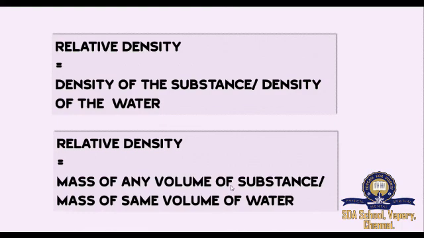We have two kind of formulas for the relative density. If you have given the density in your hand, you can find the relative density. If you have given the mass of any volume of substance and mass of same volume of water, you can find the relative density. So what do you think if we have some tool to measure the standard volume of substance, it will be very easy for us to calculate density and relative density, right?